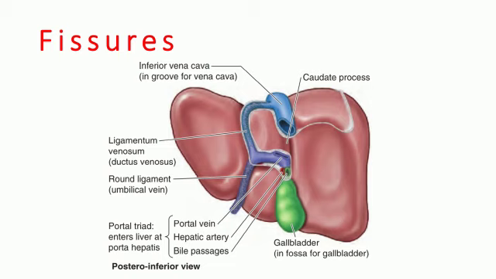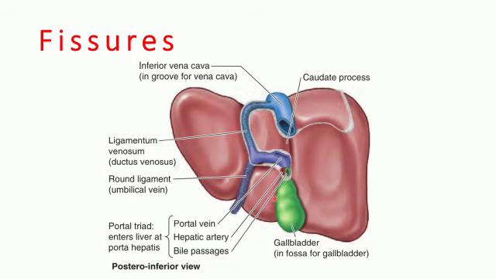Coming to the fissures of the liver. Fissures are line-like structures which divide the substance of the liver into different lobes. A non-peritoneal figure of H will be seen. Fissures affect the inferior and posterior surface of the liver, so that cutting part will be seen on the inferior and posterior surface.